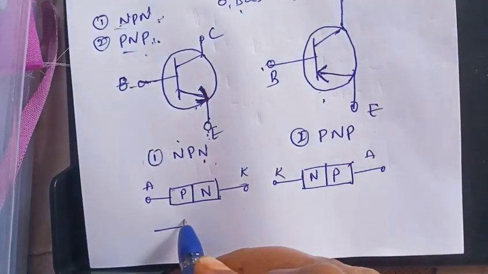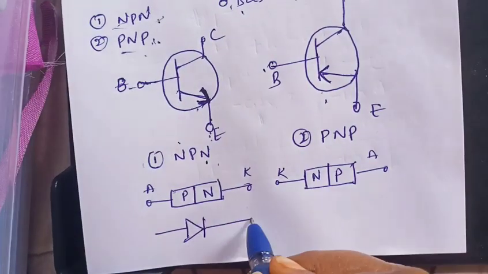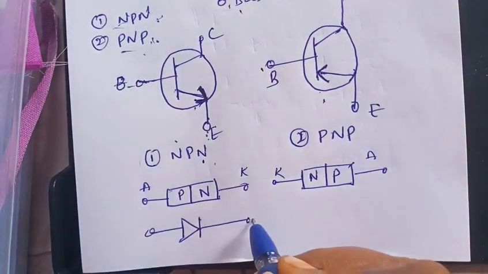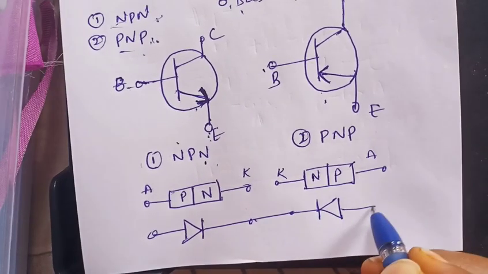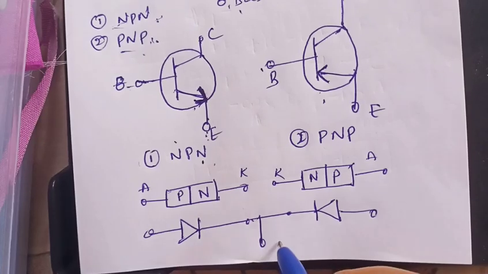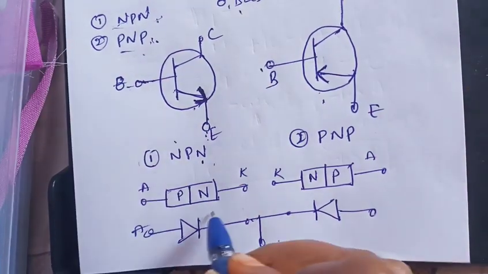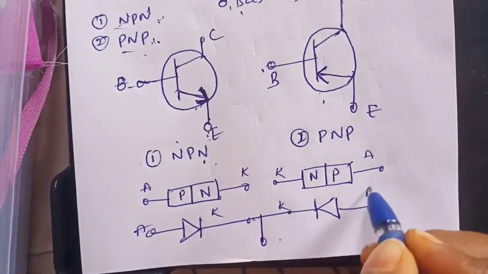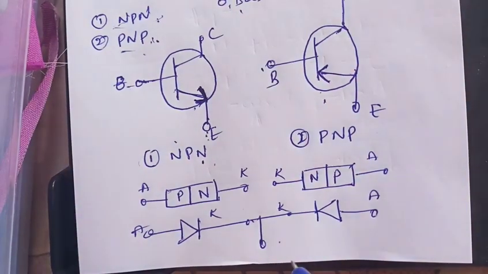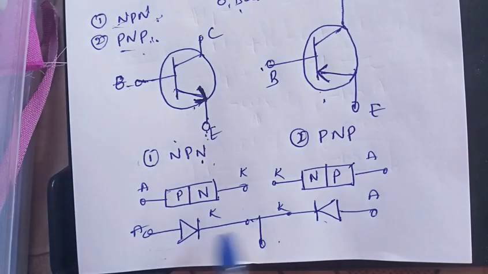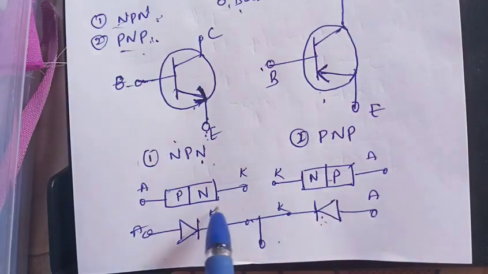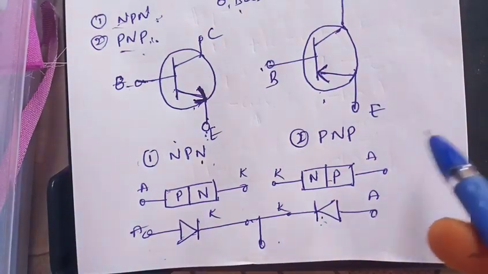Equivalent diagram means this is the forward bias diode, and this means two junctions connected back to back. Okay, in the case of PNP, similarly in the case of NPN.